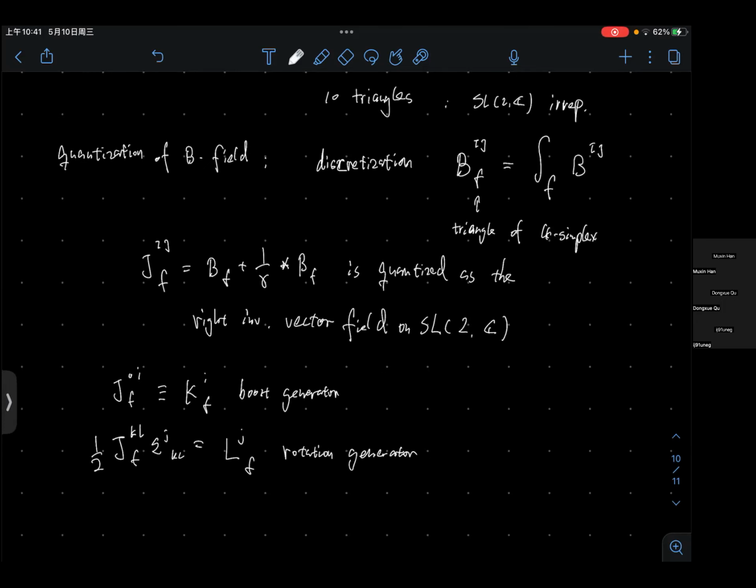Because they are right invariant vector fields, they correspond one-to-one to Lie algebra generators, so you can divide the Lie algebra generators into boost generators and rotation generators.